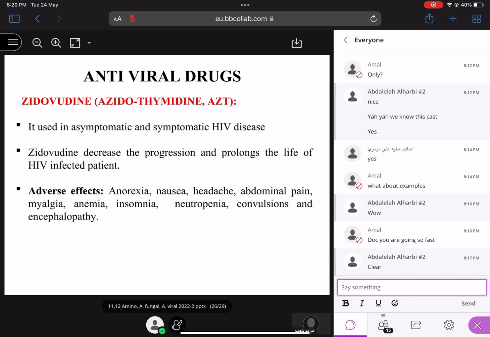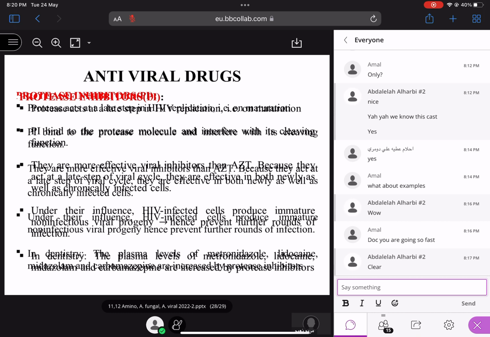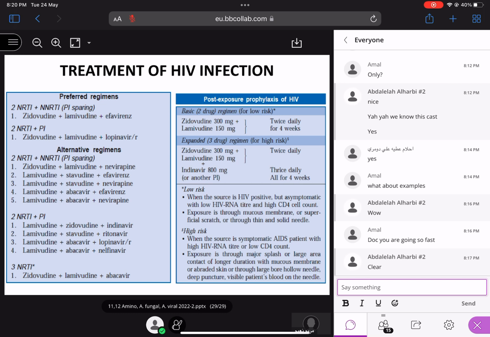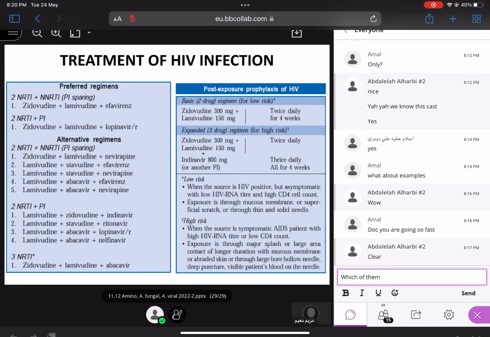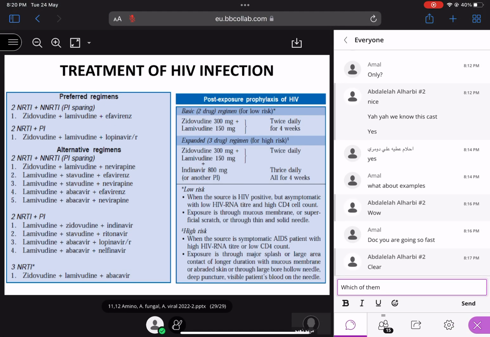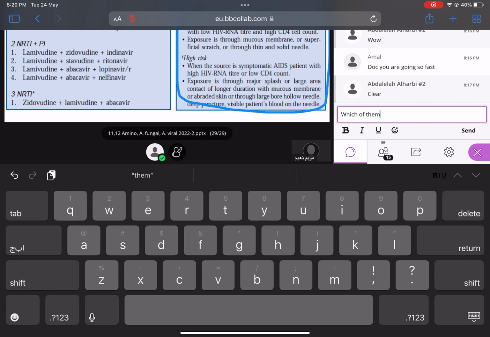What is the use of zidovudine? What is the use of lamivudine? What is the use of protease inhibitors? And this chart is very important. In this, you must know the difference between low risk and high risk. Okay, clear all of you? This is for antiviral agents.